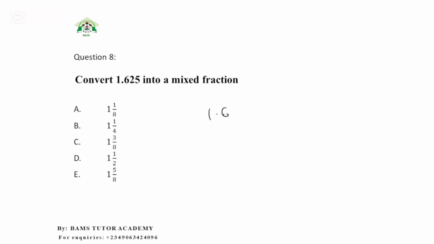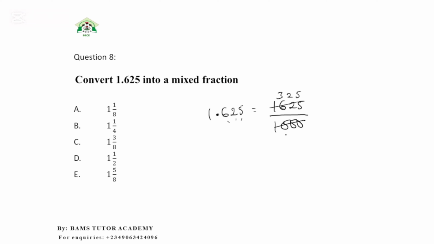So 1.625 is the same as writing 1.625 over, count the zeros, 1, 2, 3, that's over 1,000. So we have to start dividing and dividing till we get to the last, and we will then be able to bring it to a mixed fraction. Let's start with 5, it should be able to go, I guess. 5 in 12, that's 2. 5 in 25 is 5.